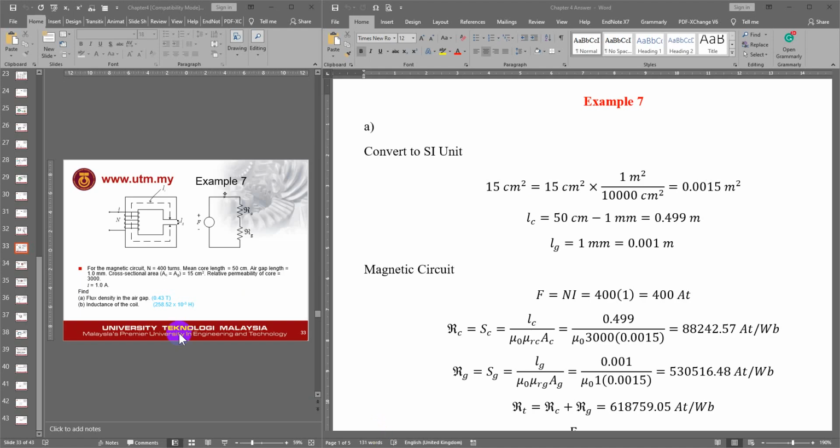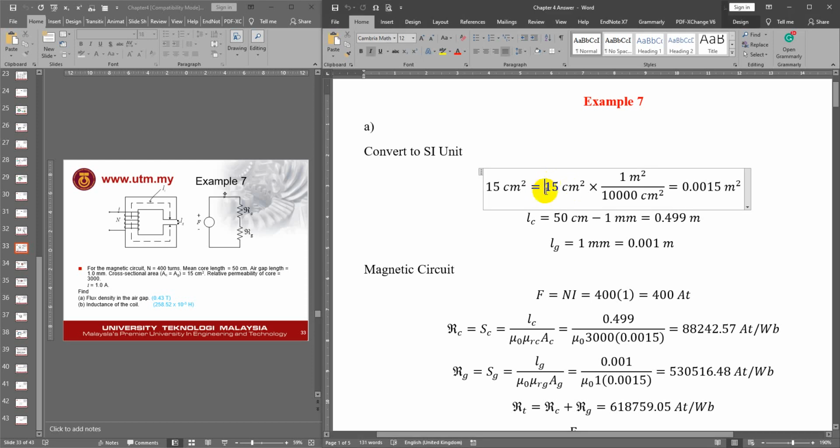When you're dealing with a magnetic circuit, you have to make sure that all the units are standard units, or SI units. The area is 15 cm squared, which means you have to convert it to meter squared. So 15 cm squared is 15 multiplied by 1 meter squared divided by 10,000.